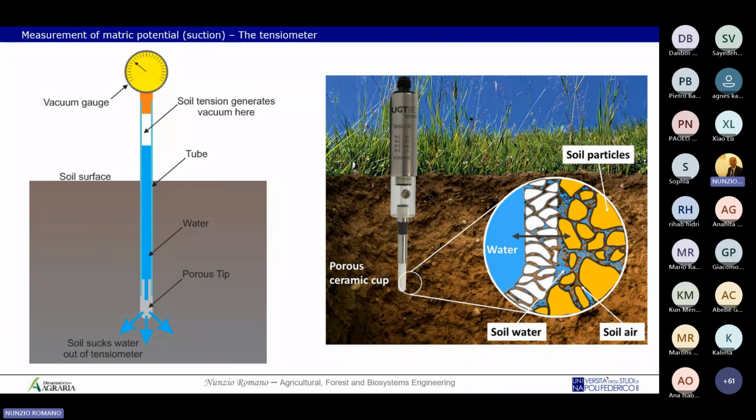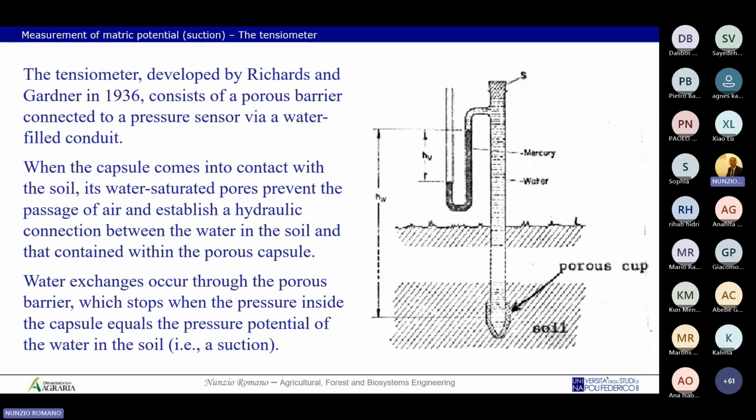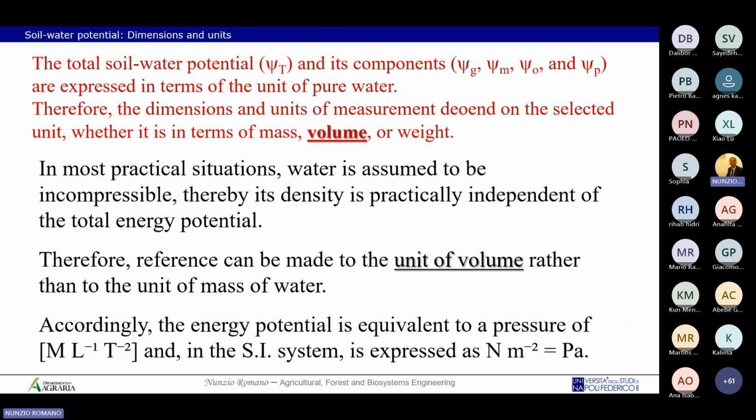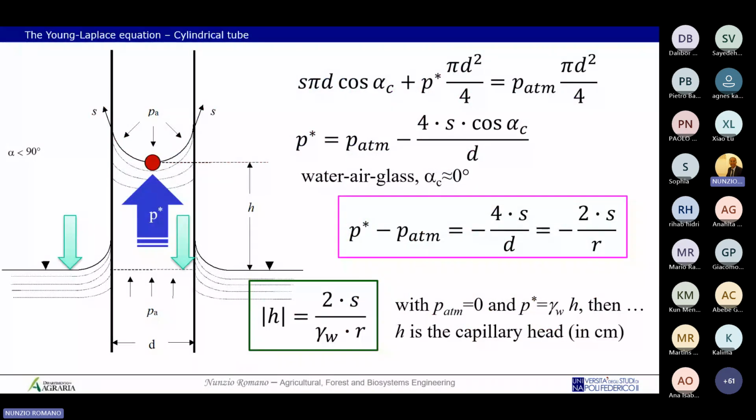So only the water moves through the pores of the cup. This water connects the water in the tube and the water in the soil. It's the same in this exercise. You see the meniscus.